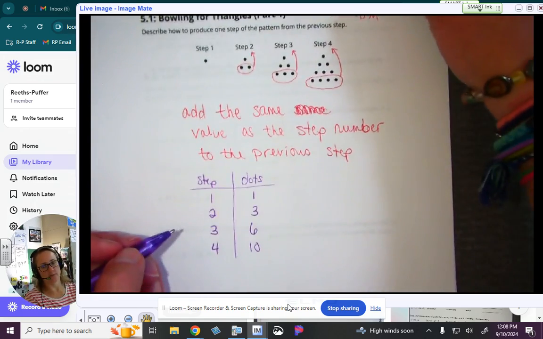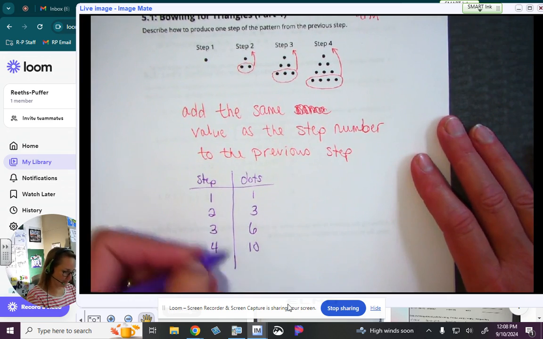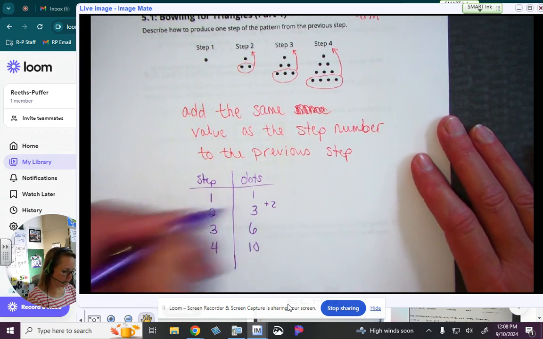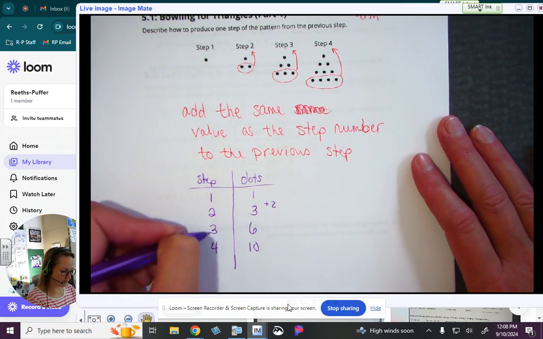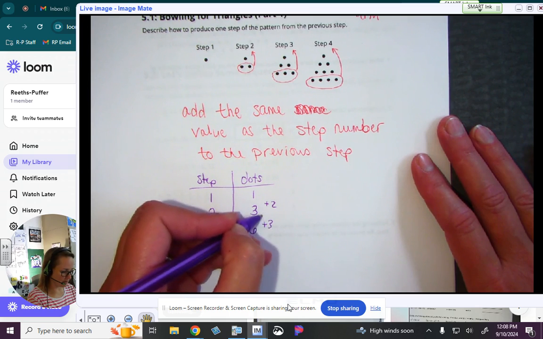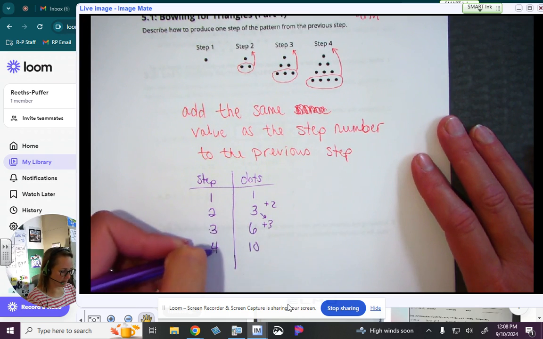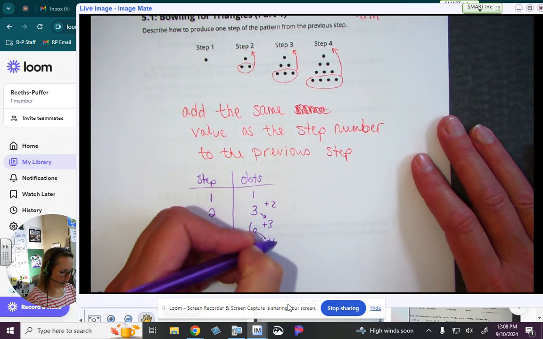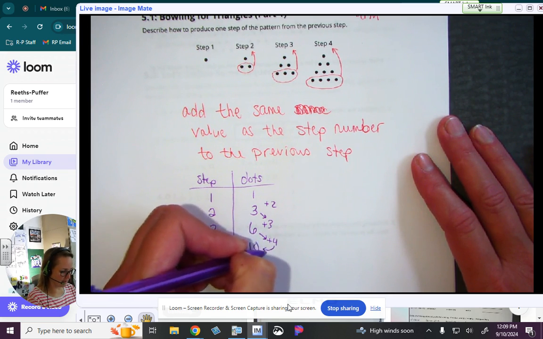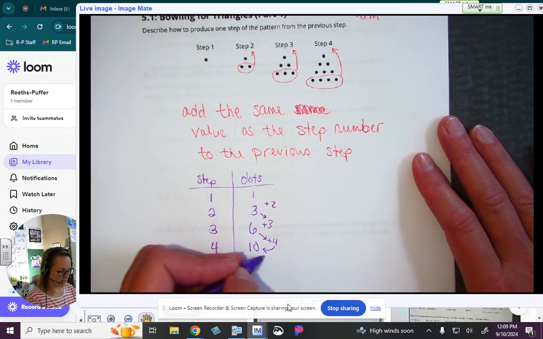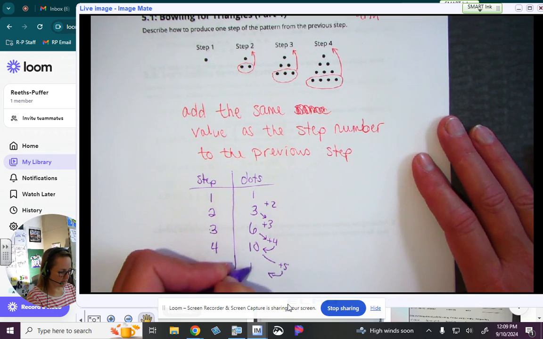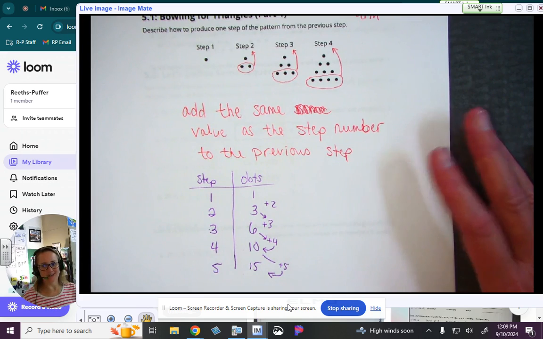And I just fell off the page. So here's where I'm going like +2, because that's step 2. Step 3, we added 3 to the prior one. Step 4, we added 4 to get that. So for step 5, we would add 5 to get this number. And we could keep going.